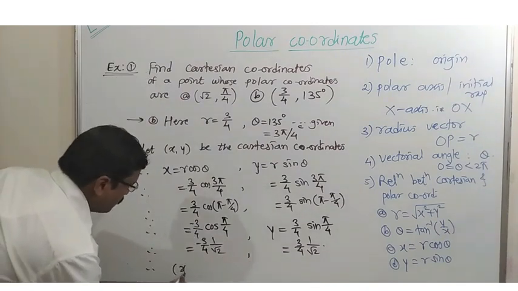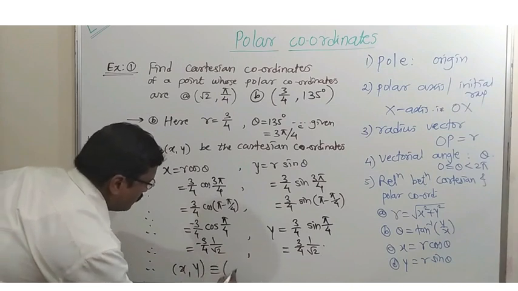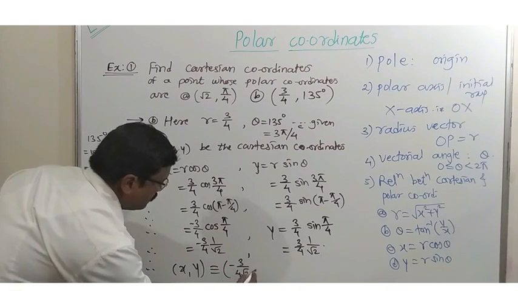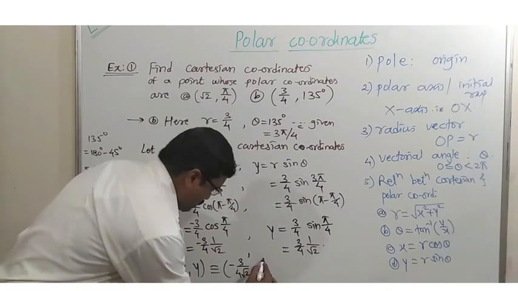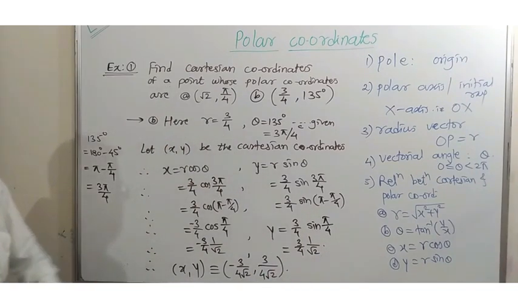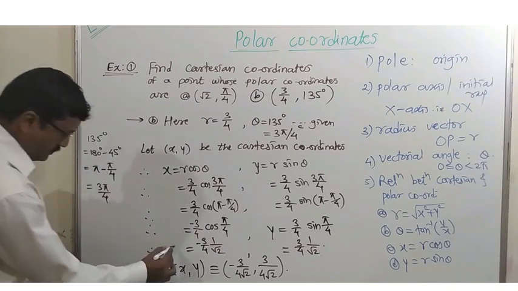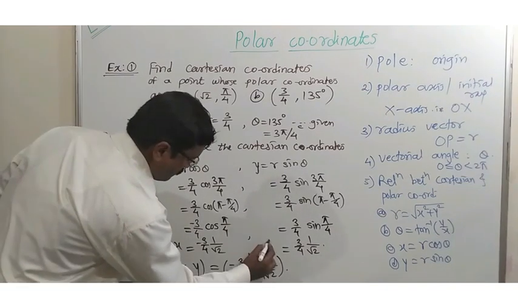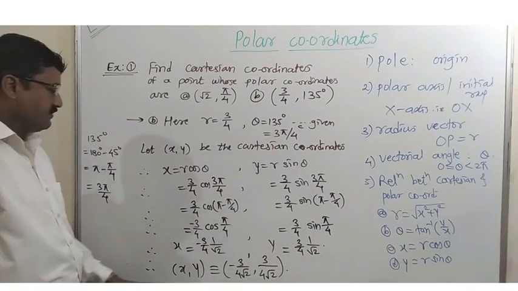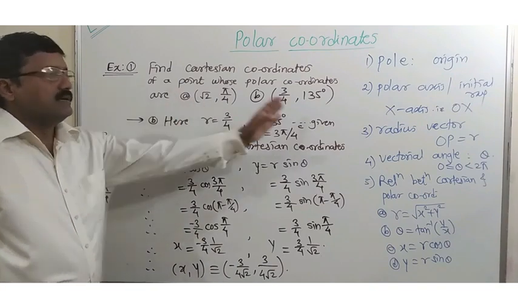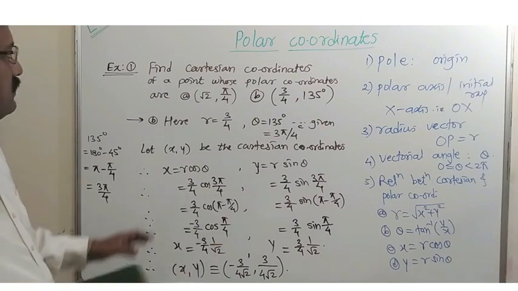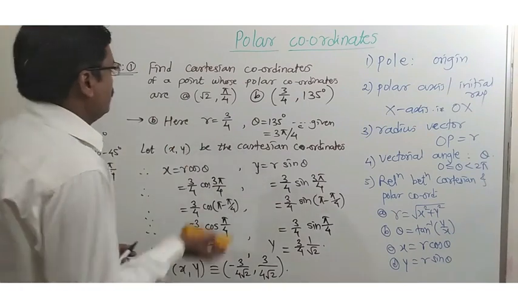Therefore, x and y are equal to minus 3 upon 4 root 2, and plus 3 upon 4 root 2. So these are the Cartesian coordinates of this. Okay, so it is not difficult to find the Cartesian coordinates from given polar coordinates of a point. Let us see the second type of example, where Cartesian coordinates are given and we find the polar coordinates.